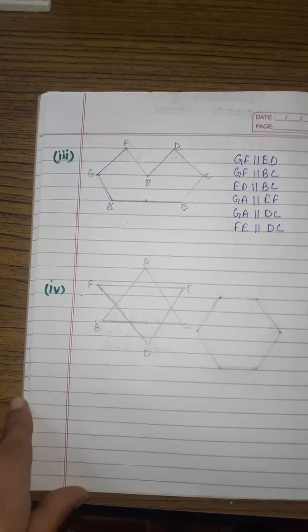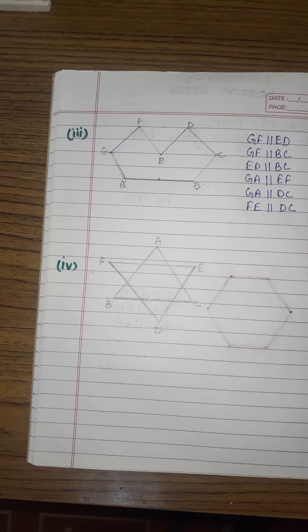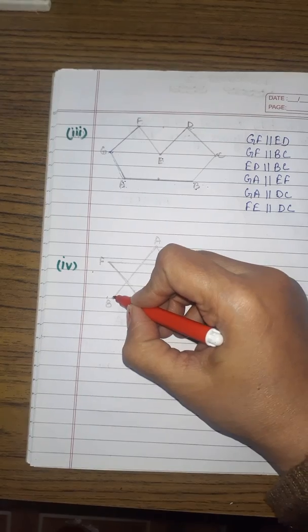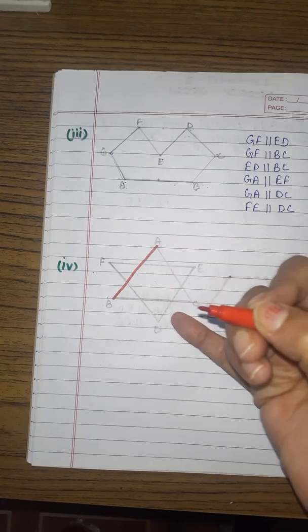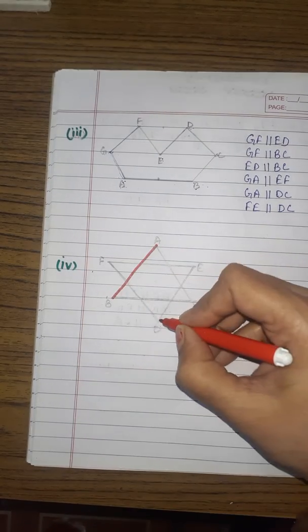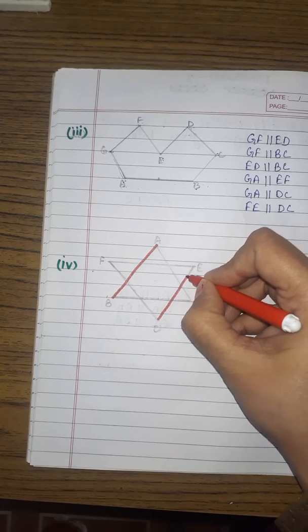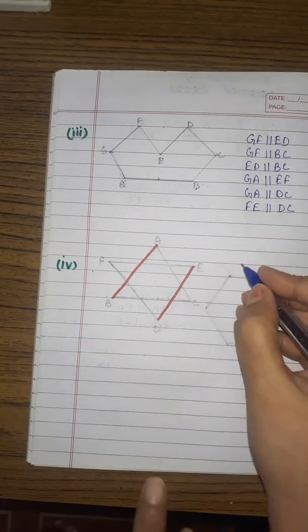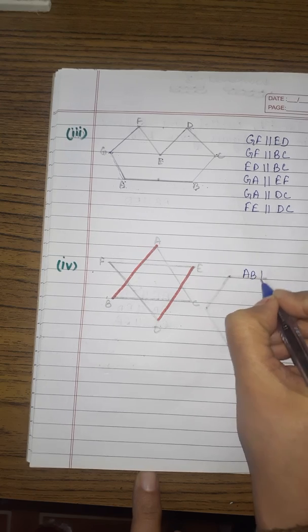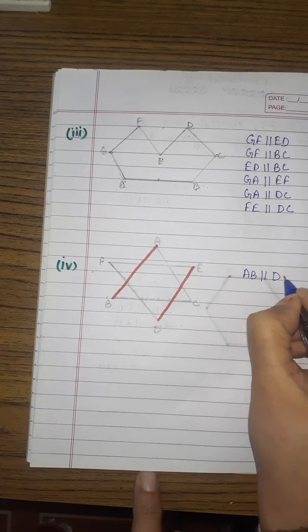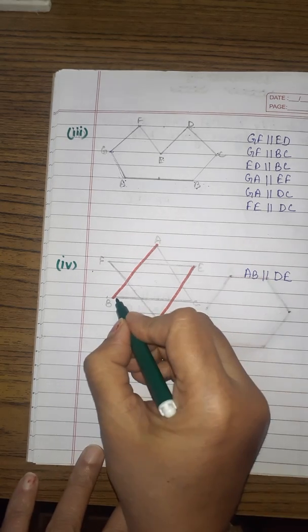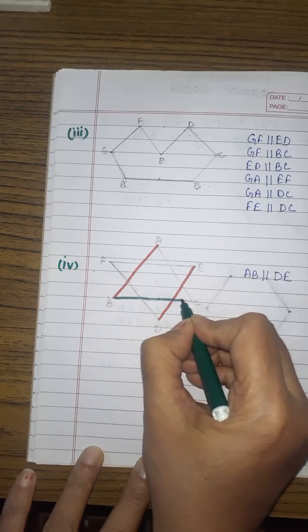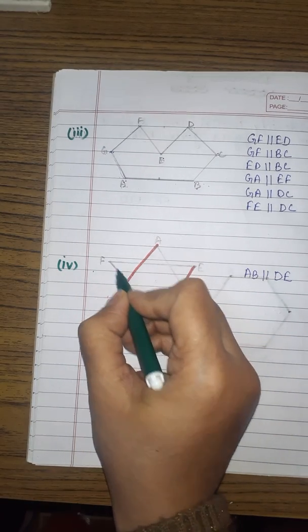In the next figure there is just like a star, and you have to identify which lines are parallel here. So I am taking AB here. In front of AB I have DE. So one pair is AB parallel to DE. The next is BC, and the parallel line of BC is FE.